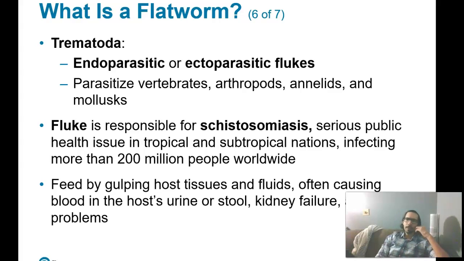This is a human blood fluke, and it's considered a serious public health issue in tropical and subtropical nations because they have infected more than 200 million people worldwide. They feed by gulping on tissues and fluids, often causing blood in the host's urine or stool, and also kidney failure, along with other problems.